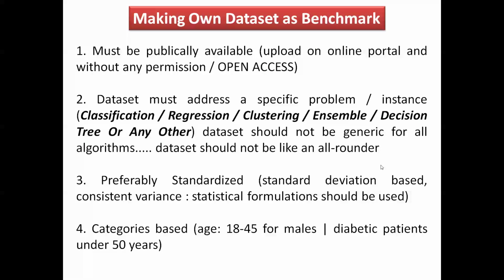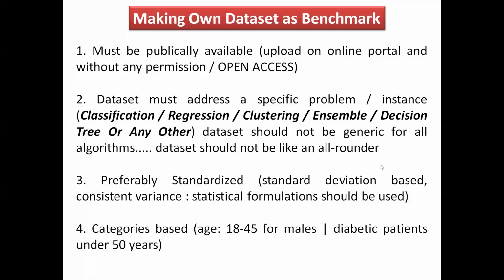How it is possible? It is not possible to perform everything on a data set. If my data set is temporal data, if my data set is a time series data, in that case, obviously time series method will be implemented or LSTM will be implemented. Okay, so your data set should not be all rounder.